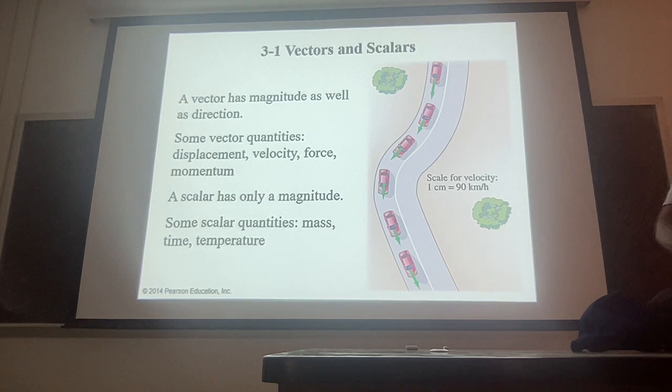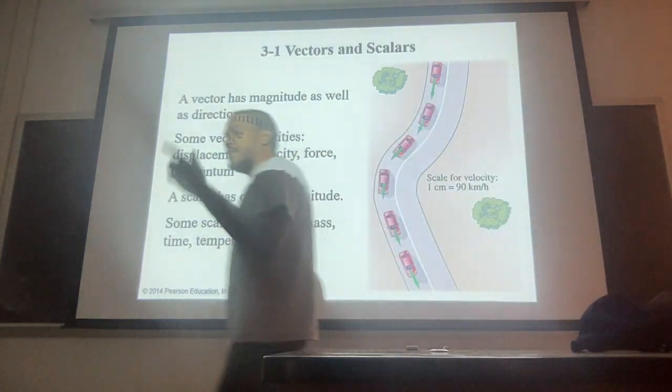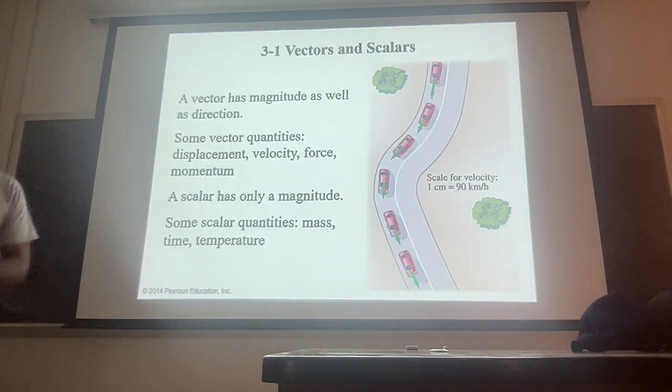For instance, if I say, hey, how do I get to New Orleans from here? From Baton Rouge. How do I get to New Orleans? And you tell me, oh, you just get on I-10 and go 100 miles. Is that enough information? What's missing? The direction. Without the direction, it makes no sense.